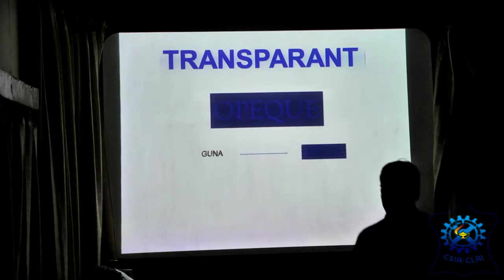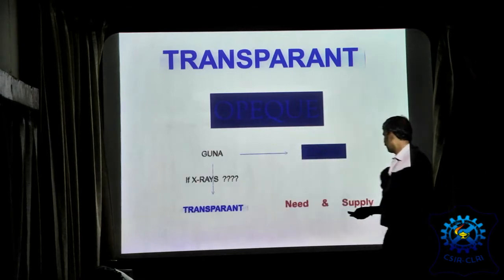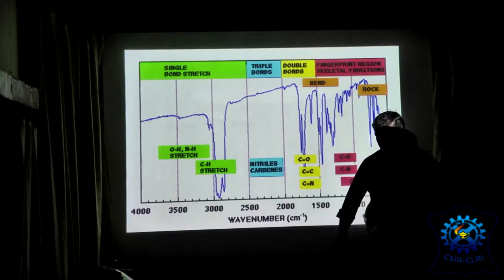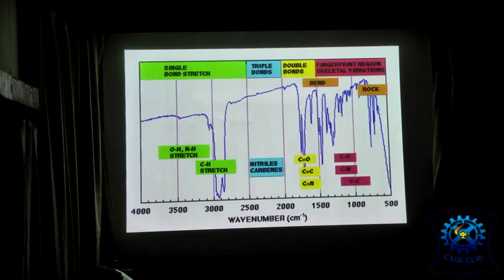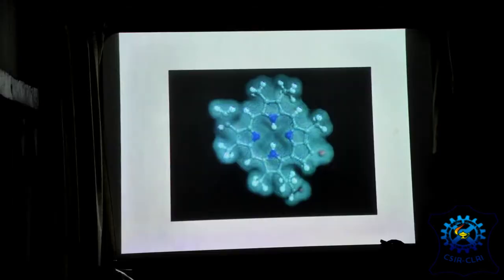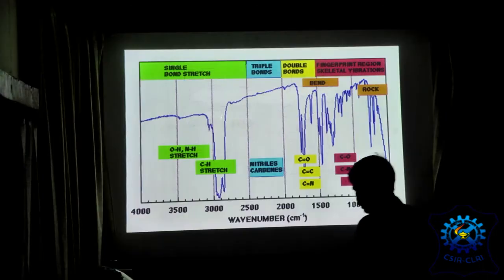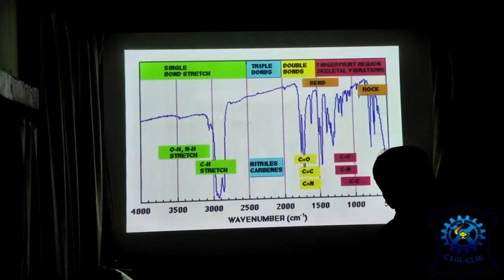Okay, so now forget about this. There are some spectroscopic techniques which are useful. Are you familiar to some extent at least with spectroscopy? Okay, forget about it. In X-ray crystallography, what do we see? There are many techniques.